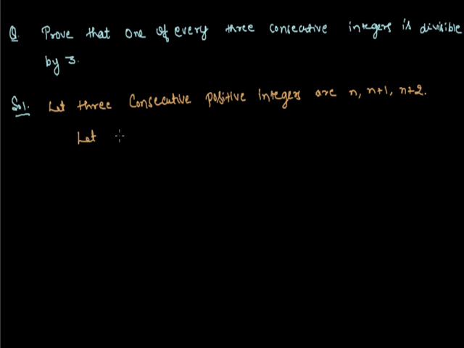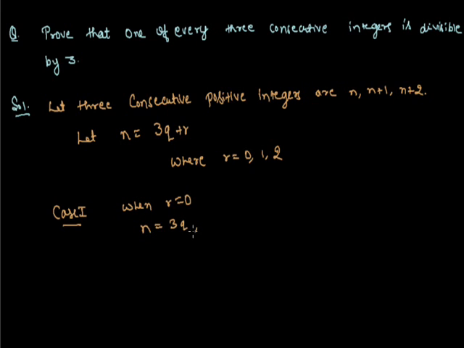Let n equal to 3q plus r, where r equal to 0, 1, 2. Now case first, when r equal to 0, n equal to 3q, n plus 1 equal to 3q plus 1, and n plus 2 equal to 3q plus 2.